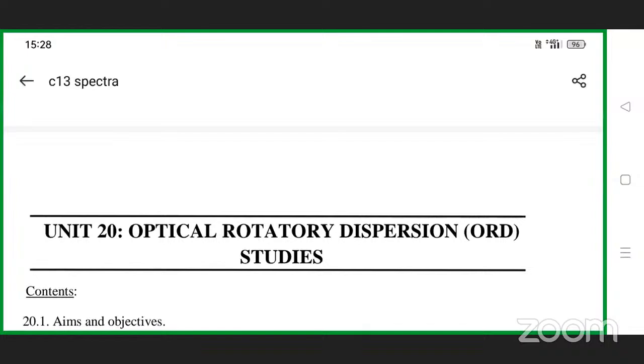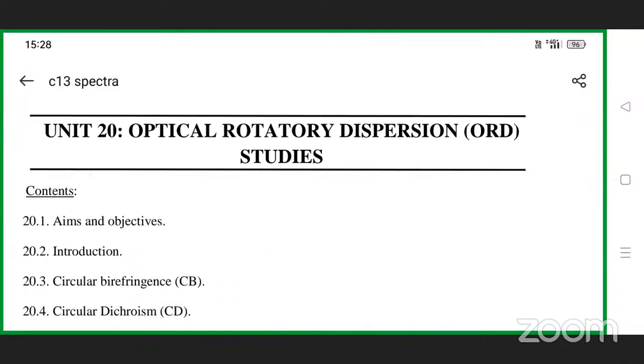Okay. So, today we are going to discuss ORD spectra. You know that ORD is nothing but optical rotatory dispersion. This is a different spectroscopy from the previous spectra like C13, H1 NMR and mass spectra.